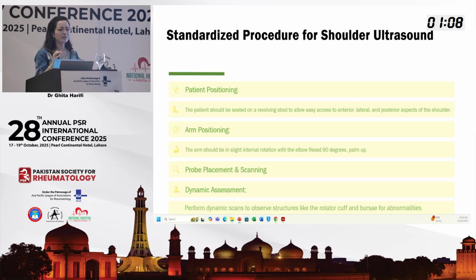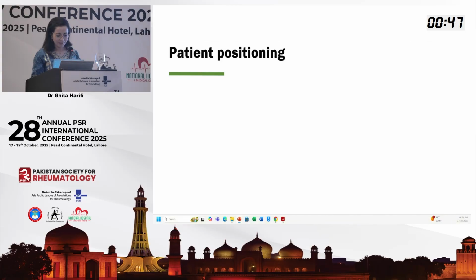If you scan a shoulder without moving it, then you're missing something. So the basic thing that we'll have to learn today is how to look, for example, for a subacromial impingement, which is one of the most common causes of shoulder pain in the clinic.